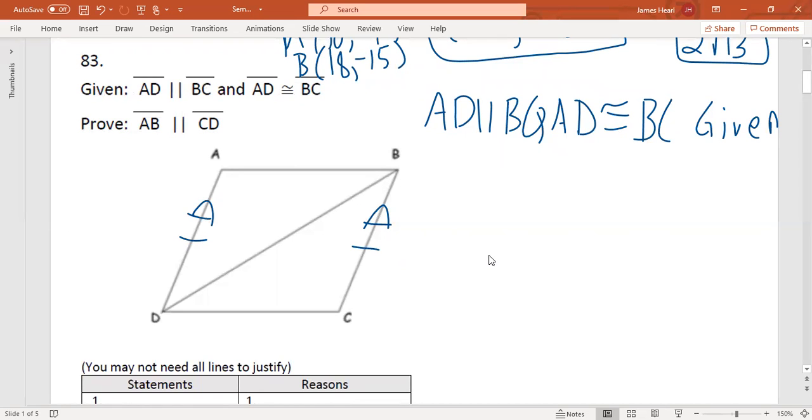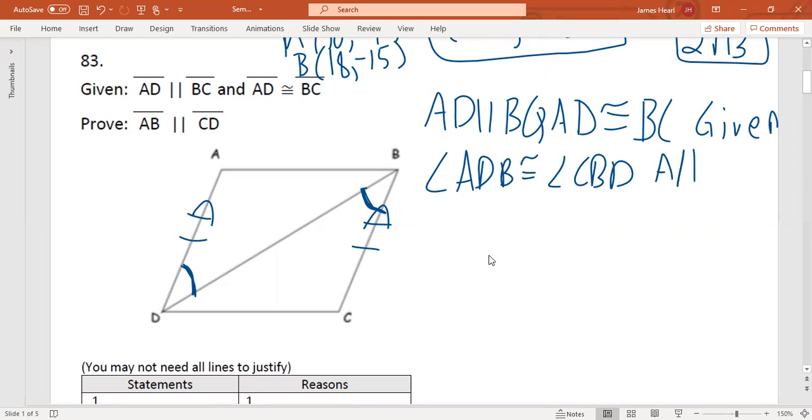Since these are parallel to each other, we can take angle ADB and make it congruent to the alternate interior one, CBD. So angle ADB congruent to angle CBD. That will be alternate interior angles being congruent to each other, at which point then we could always argue the line the two triangles share in common, DB congruent to BD.